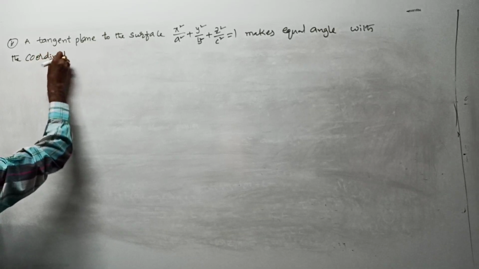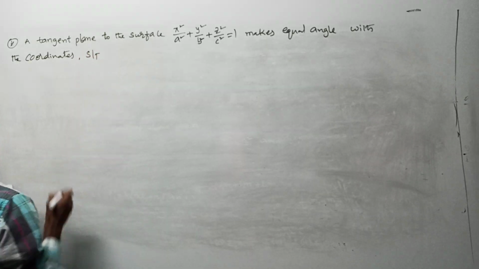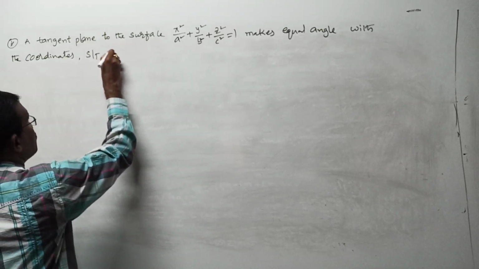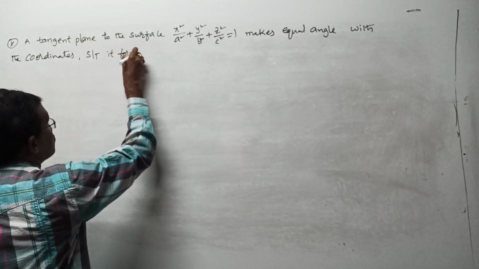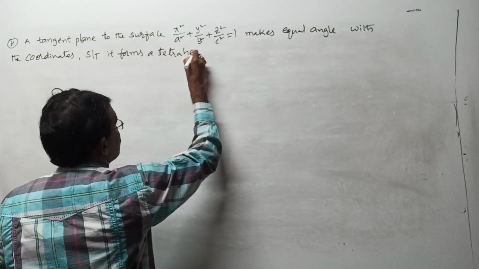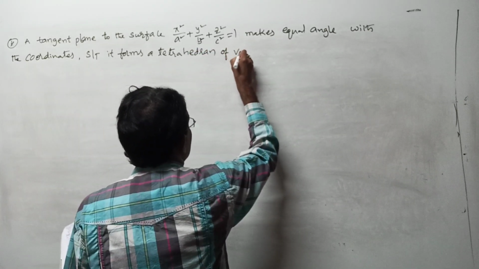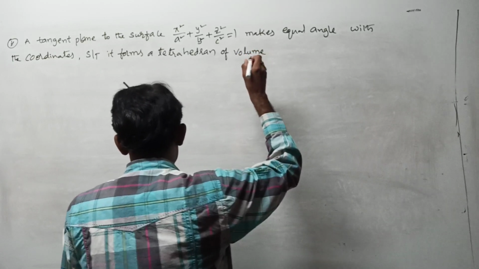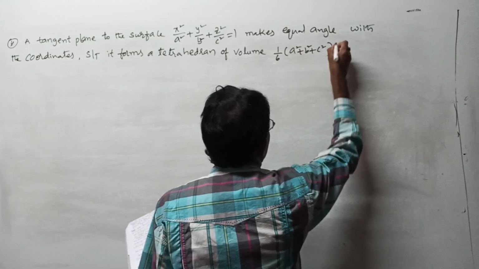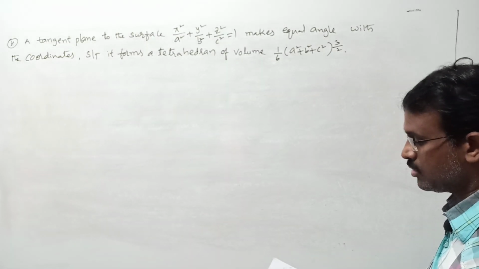Show that it forms a tetrahedron of volume one by six into (a square plus b square plus c square) whole to the power of three by two.